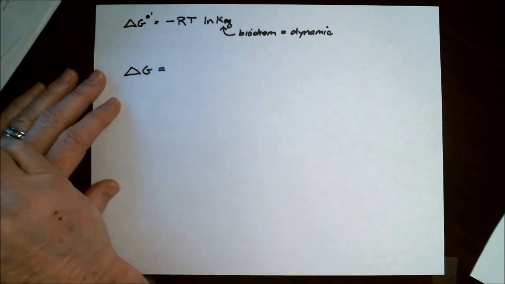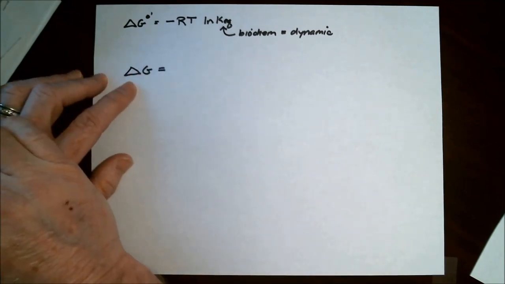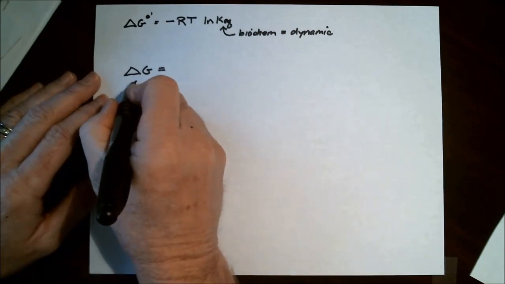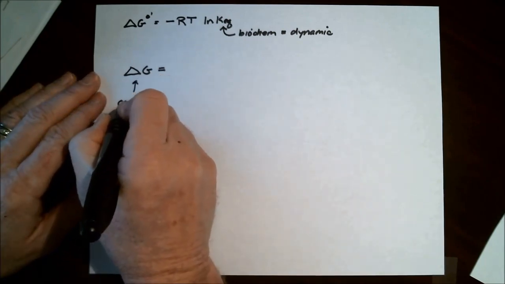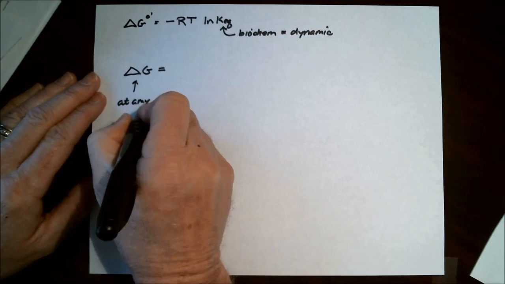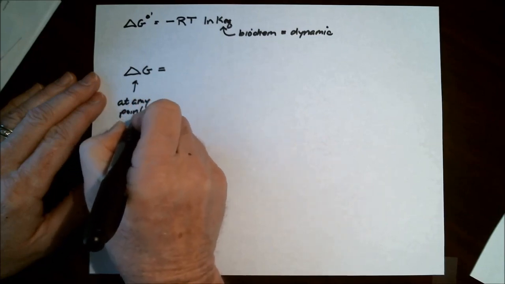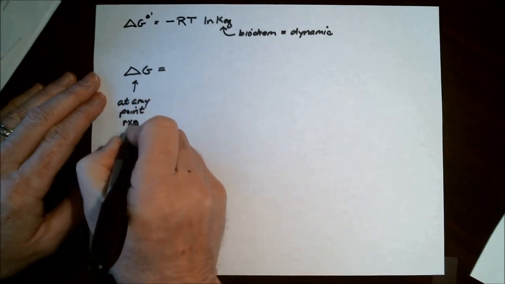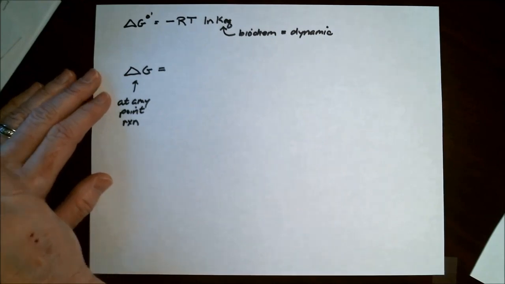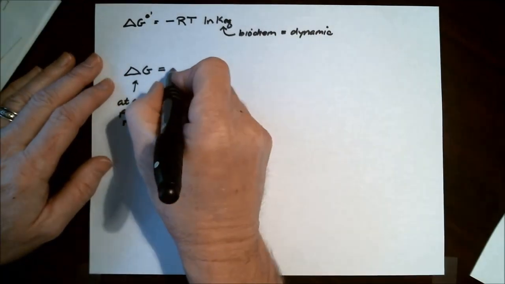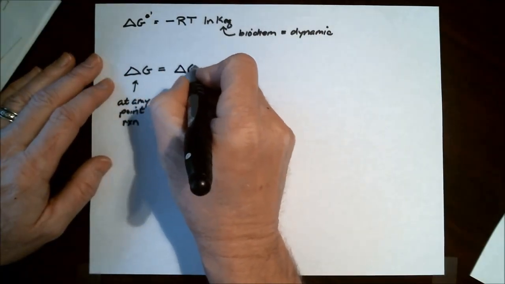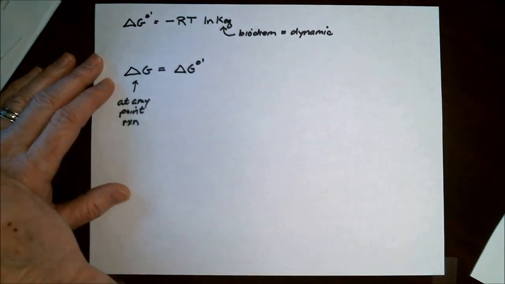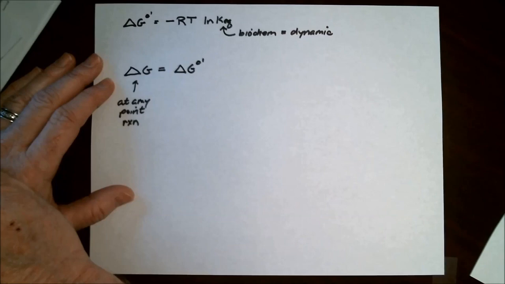So in order to consider this, we need to determine what the free energy change is at any particular point in a reaction. And this is important because the substrate and products of our biochemical reactions are changing at all times. So in order to measure this, this is the free energy change at any point during the reaction while it's taking place. And this term needs to, of course, include the standard free energy change for the reaction because that's the inherent property of the reaction.